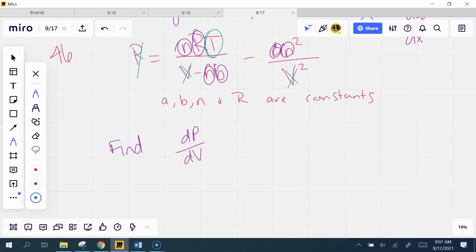So here we go. Let me just rewrite because I've marked all over it. P equals nRT over V minus nb, minus a n squared over V squared. Let's do the derivative.